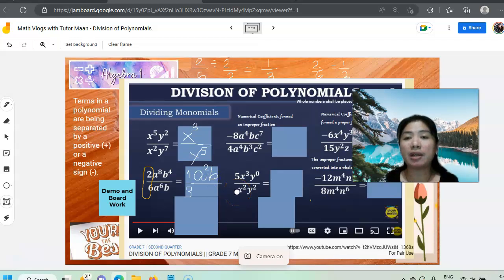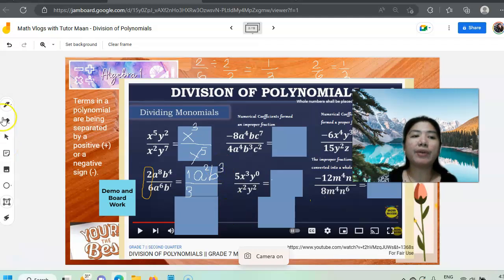And then we subtract exponents. 4 minus 1. Every time we have an invisible exponent, it's understood that the exponent is 1. So let's now subtract. 4 minus 1 is 3. So the exponent for b is 3.